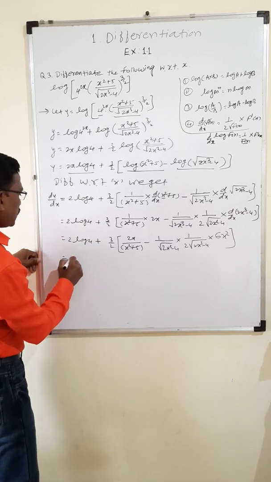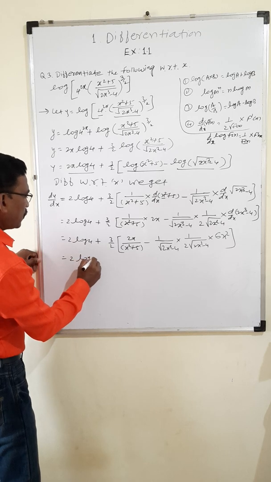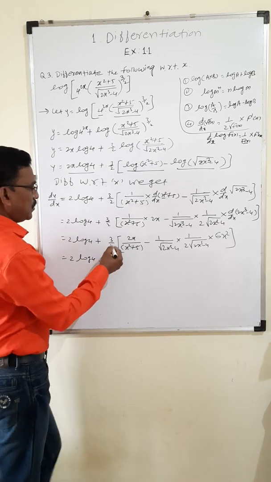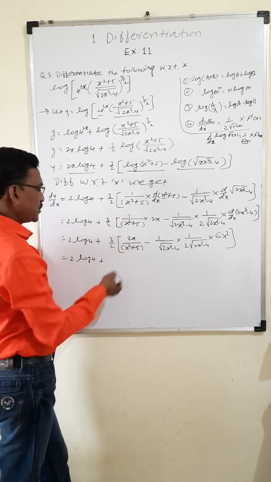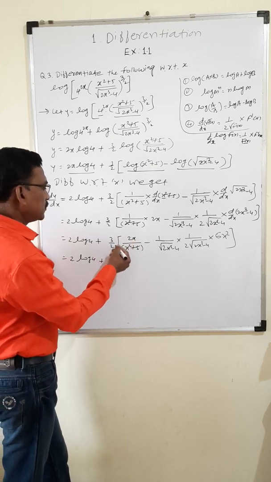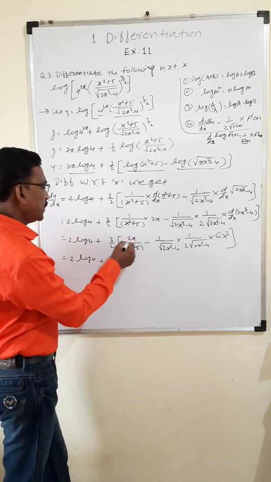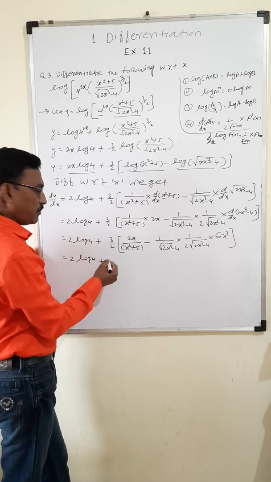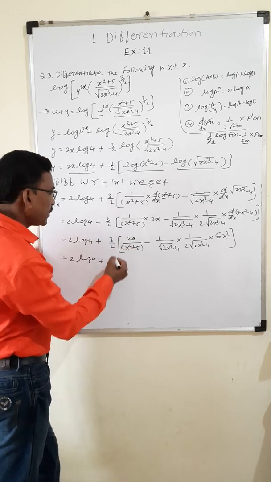Now we simplify. 2 log 4 plus we multiply this 3 by 2 to this term. So 2 2s will get cancelled when we multiply this 3 by 2 in this term.